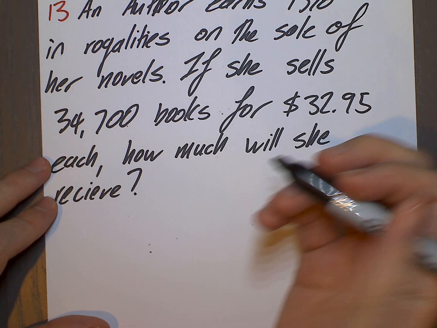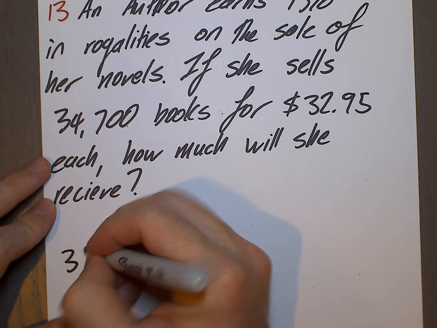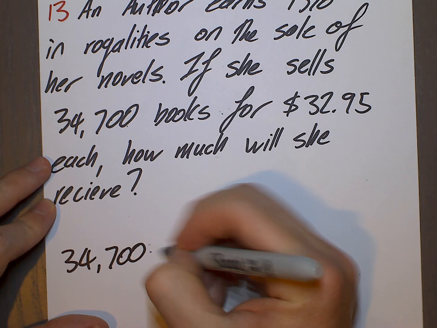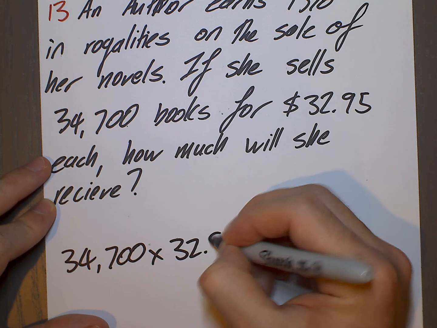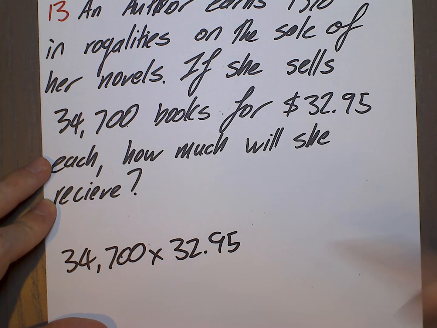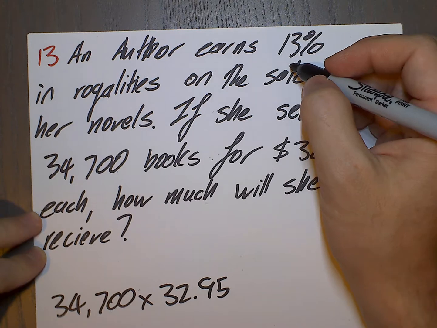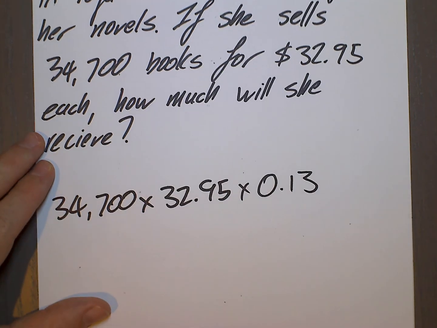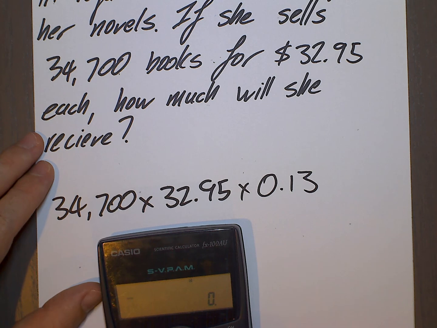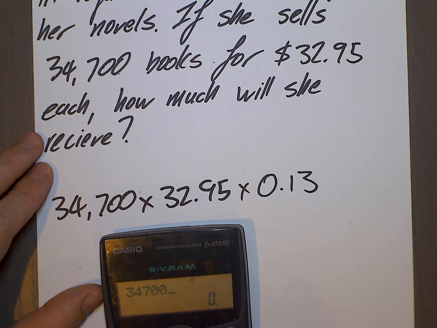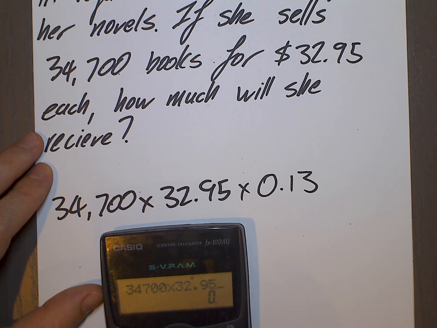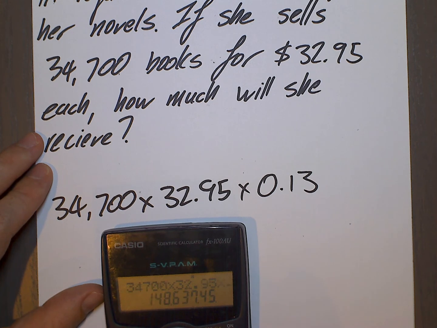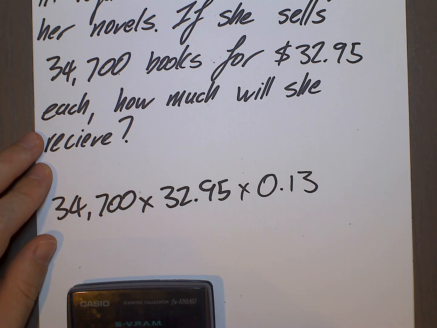So we actually can put this in our calculator in one big go. 34,700 times 32.95, that will tell us the total amount. If we want to find 13% of that, we can just times that by 0.13. If we put all this into our calculator, 34,700 times 32.95 times 0.13, she gets, is that correct?